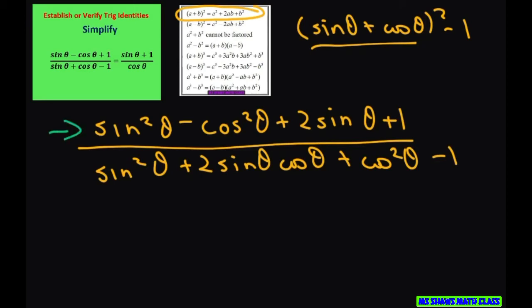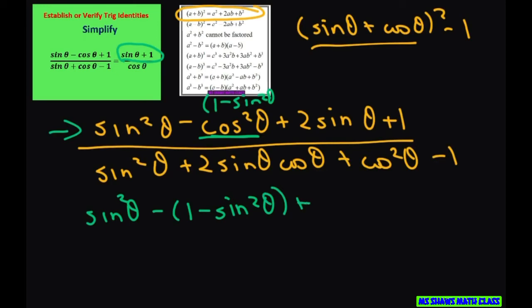All right, next thing I want to do is rewrite, because there's not a cosine in the numerator. So I'm going to write this as 1 minus sine squared theta. So we're going to get sine squared of theta, minus 1 minus sine squared theta, and then just copy the rest down: sine theta plus 1.